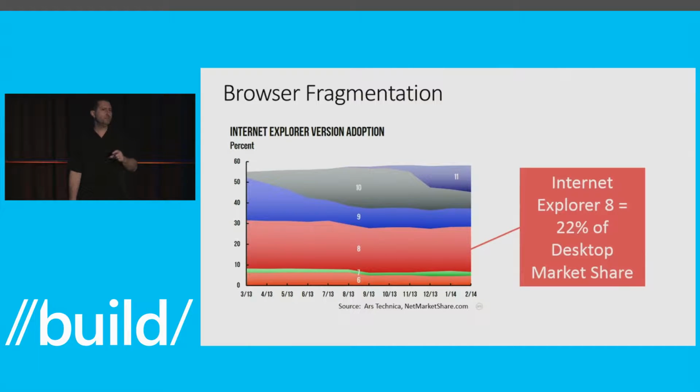But there are some problems in drilling into IE8 specifically, and that's that many of our enterprise customers have standardized on IE8, and I'll talk about why in a minute. There's also a large percentage of IE8 coming from Windows XP because IE8 was the last version of Internet Explorer available on Windows XP. Obviously, we're doing something about that.